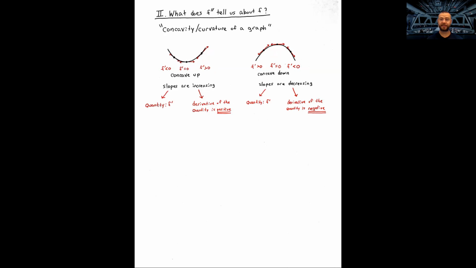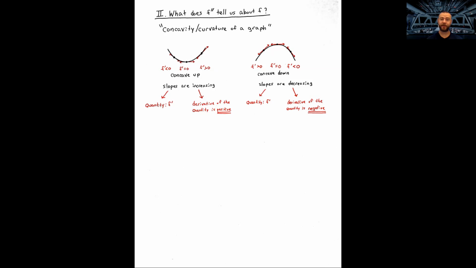All right, if we take a look at the left with the concave up shape, we arrived at the statement that the slopes are increasing. Now, what determines slopes? The quantity that does that is the first derivative. Now, what determines if a quantity is increasing? The derivative of that quantity is positive.